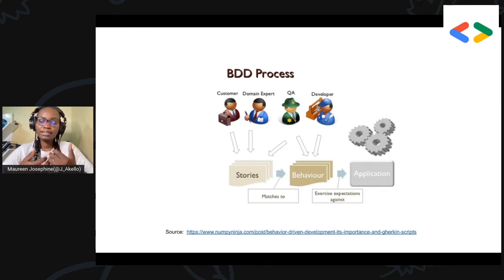After validating these requirements, and after coming up with the story and narrowing it down to the requirement you'd like built, the developer takes in that story and works on the actual development.